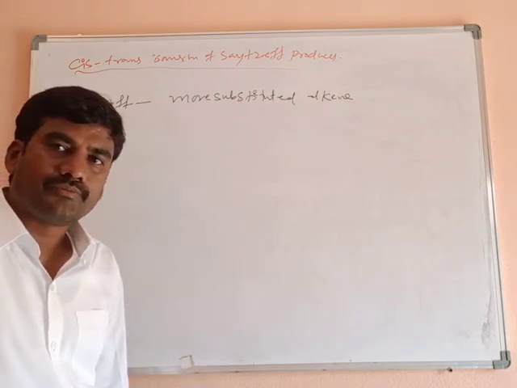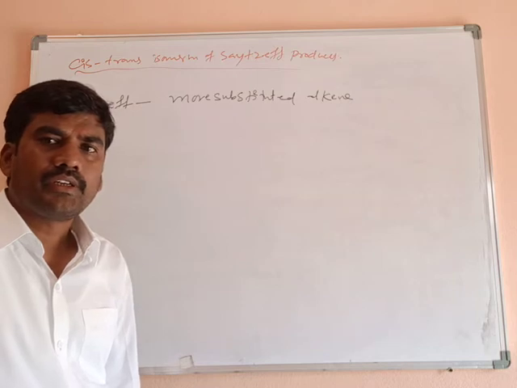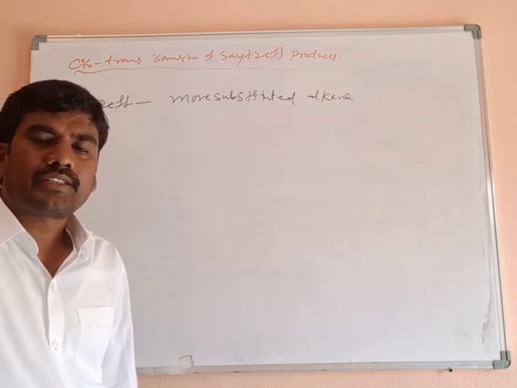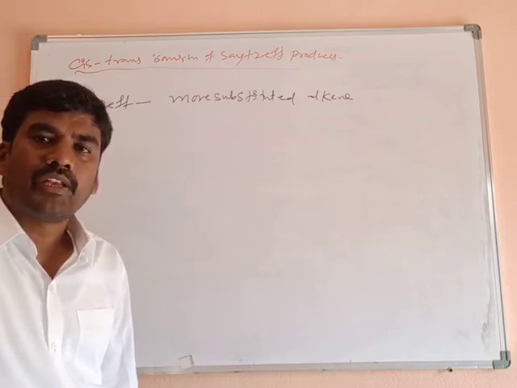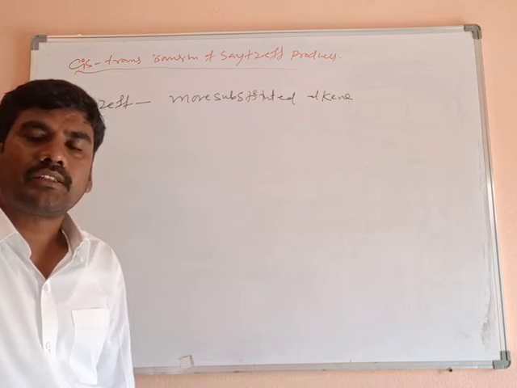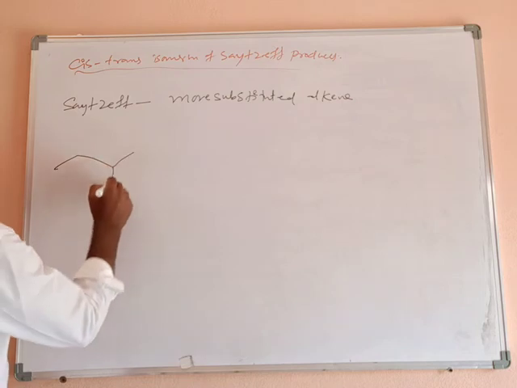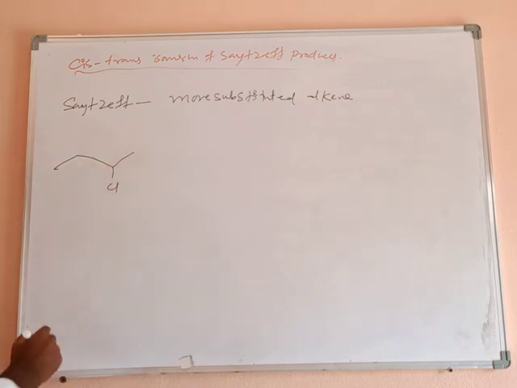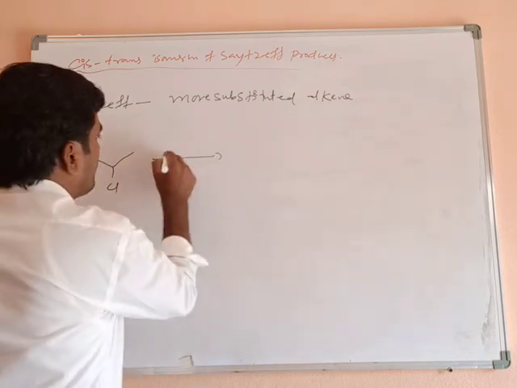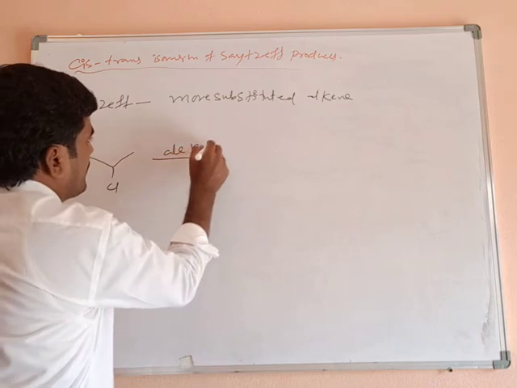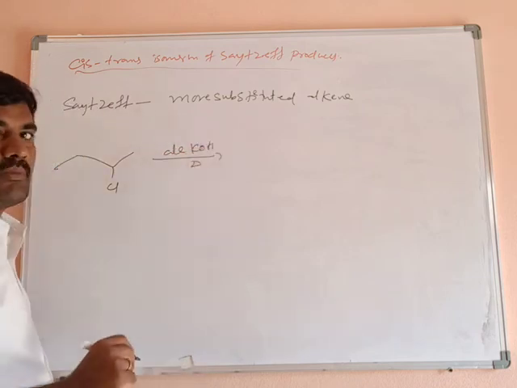If cis-trans isomerism is possible in the product, then the trans product is the major product. For example, 2-chlorobutane undergoes an alcoholic potassium hydroxide elimination reaction.